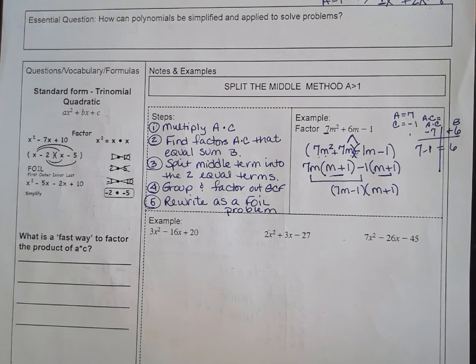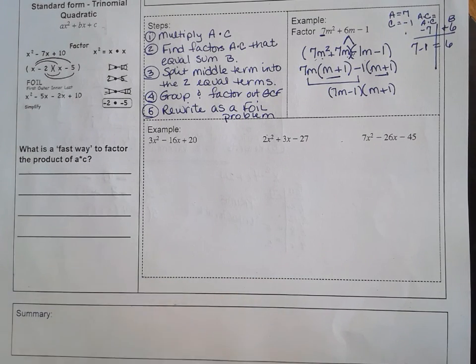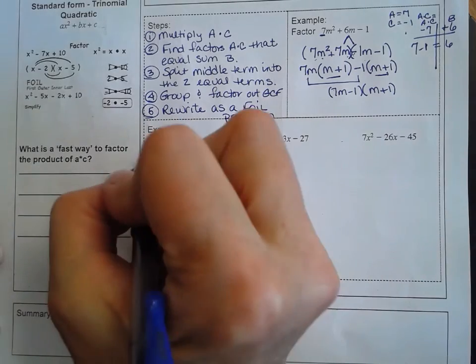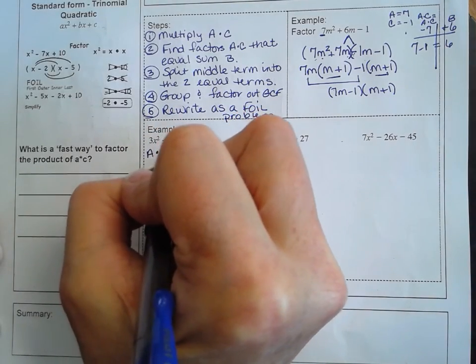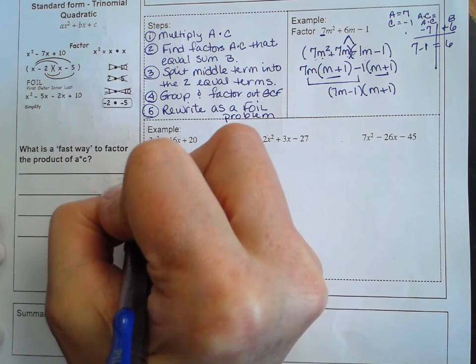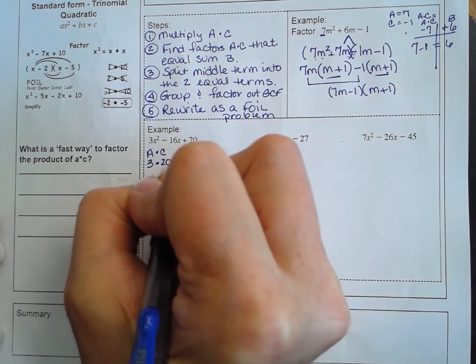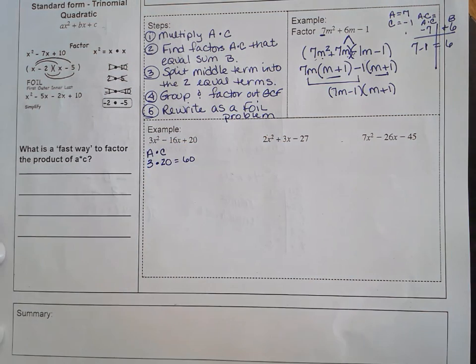Good? Okay. Shall we try another one? All right, so A times C is going to be like saying 3 times 20, which gives me 60.